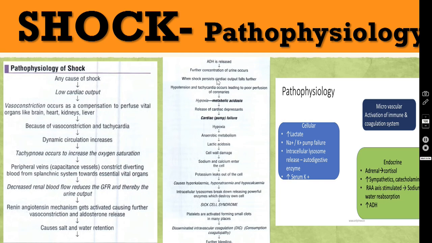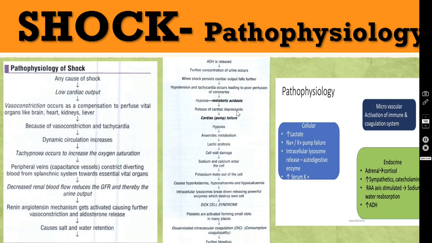When shock persists, the cardiac output falls further. Hypotension and tachycardia occur, leading to poor perfusion of the coronary vessels. That results in hypoxia. So metabolic acidosis will ensue because the tissue will undergo anaerobic metabolism. So the metabolites will increase, and the patient will have metabolic acidosis.